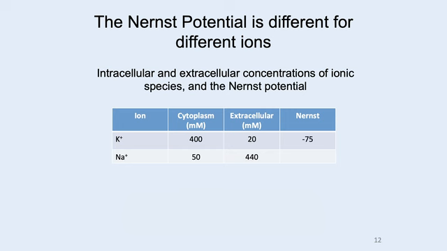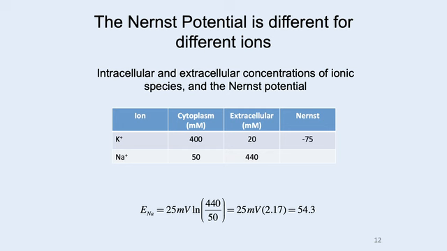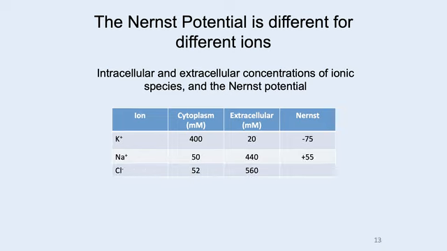So what's the equilibrium potential for sodium? Anybody want to guess? Yep, plus or minus. Good. So it's about 2 log units times 25 millivolts, right? So it's plus 50 or so. Okay, good. How about chloride?